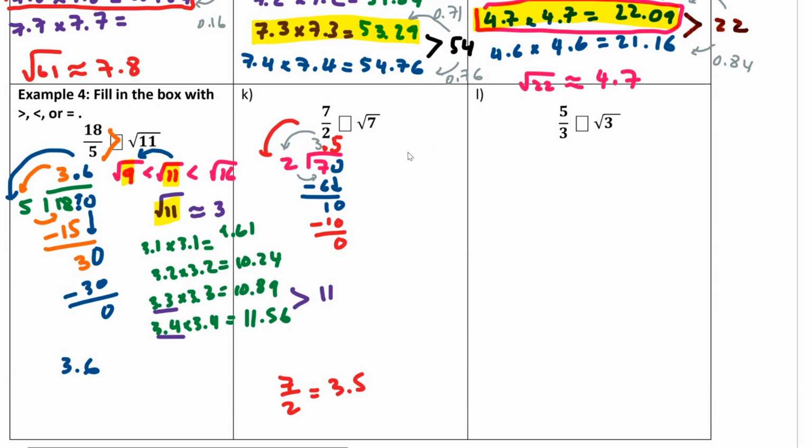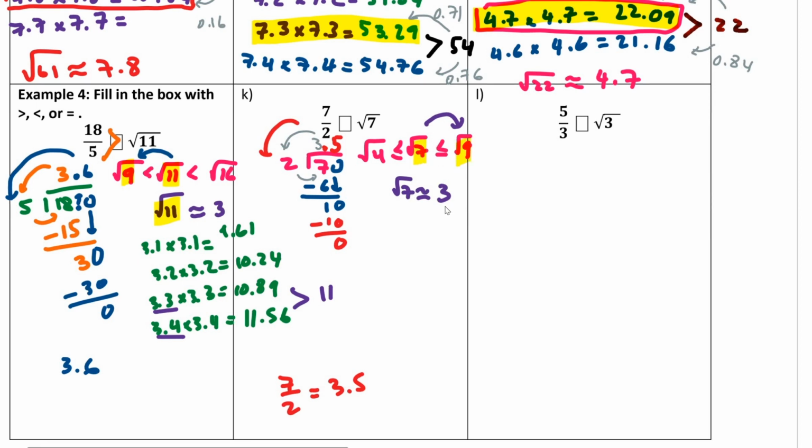Square root of 7 is in between two perfect square numbers, which are 4 and what? 9. Square root of 7 is closer to 9. So square root of 7 is approximately around 3. But it's less than 3, right? Square root of 7 is less than square root of 9.